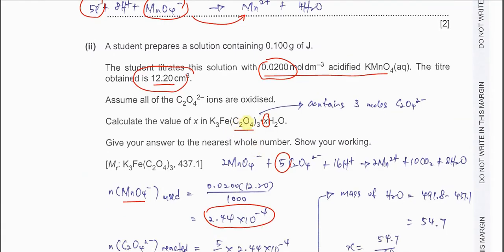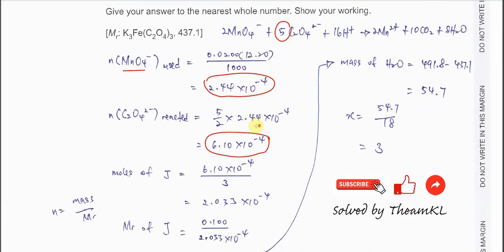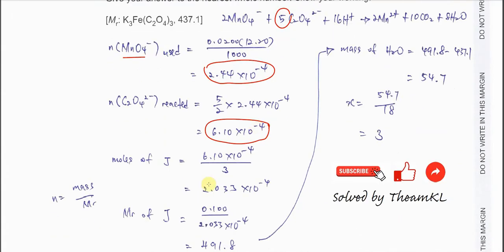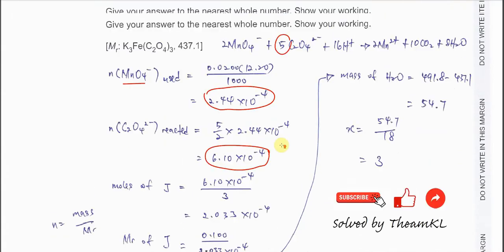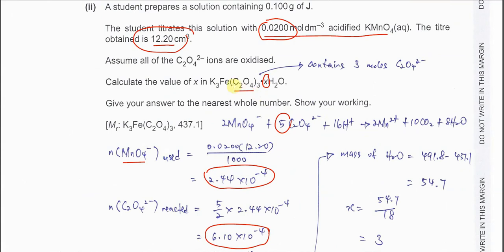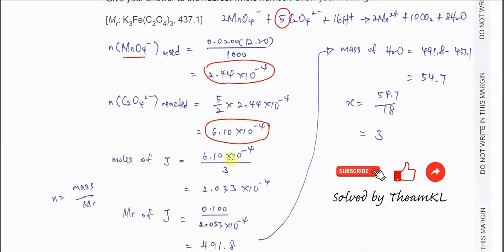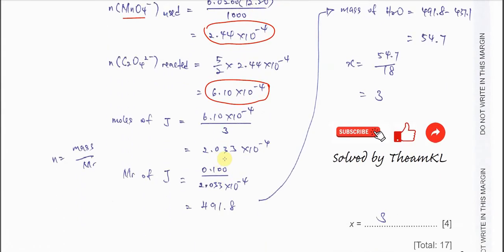So these 3 oxalate ions, the C2O4 2 negative, will get oxidized. So for the moles of J, you need to divide by 3, because from the salt we know that inside this salt it has 3 moles of oxalate ion. After that you get 2.033 times 10 power negative 4. This is the moles of J.